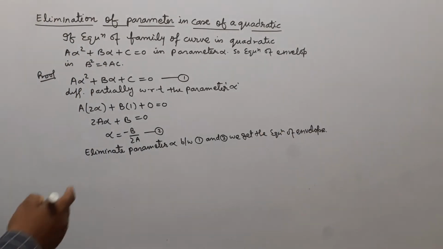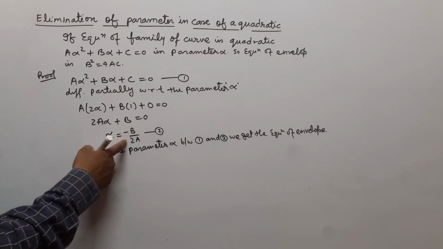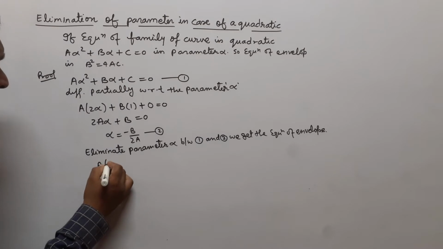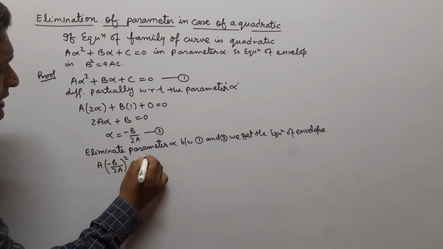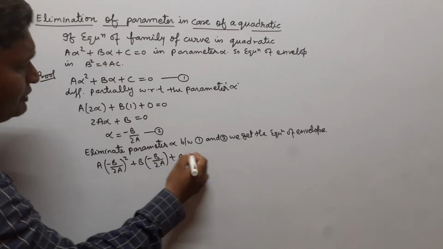So first we put the value of alpha, that is minus b upon 2a, in equation 1. We get a multiplied by minus b upon 2a whole square plus b multiplied by alpha, that is minus b upon 2a, plus c equal to 0.